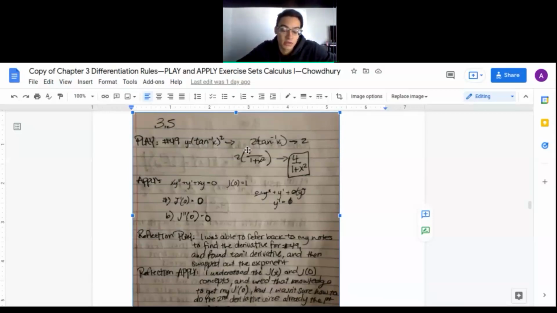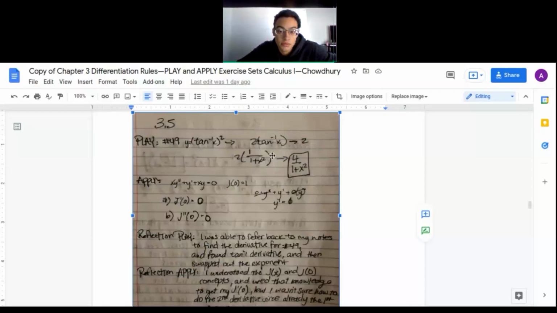I looked back in my notes to find the derivative for tangent inverse of x, which comes out to 1 over 1 plus x squared. Then I moved the exponent over to the side, and it was pretty simple. So I just simplified it, and right here, 4 over 1 plus x squared.